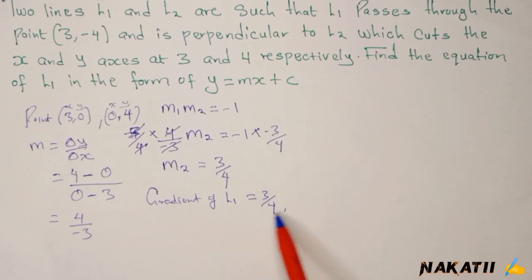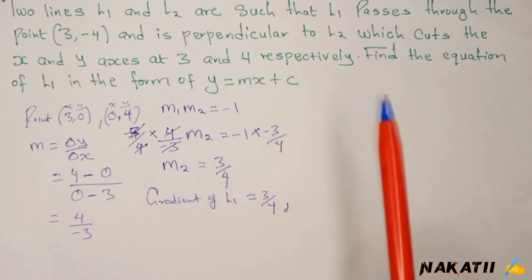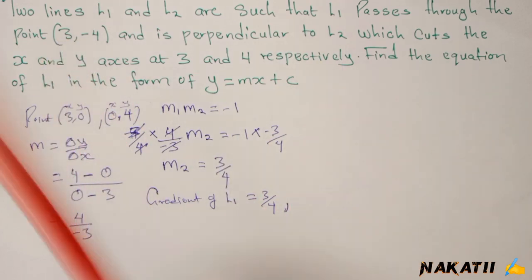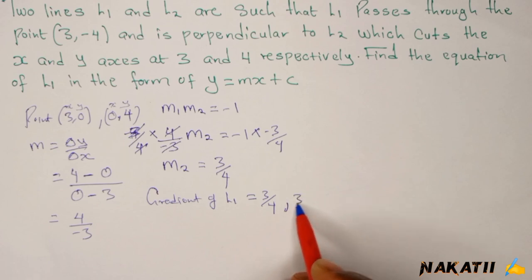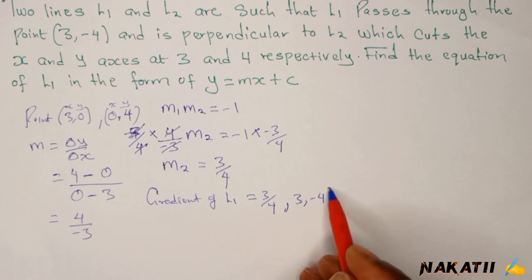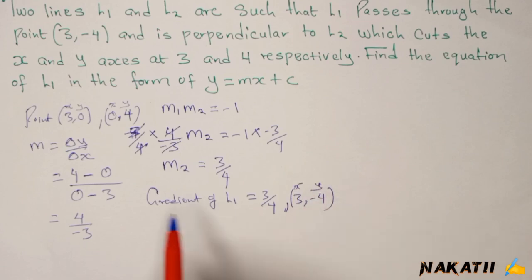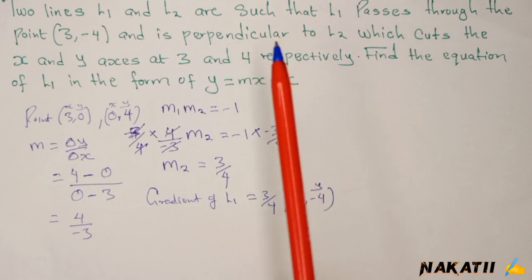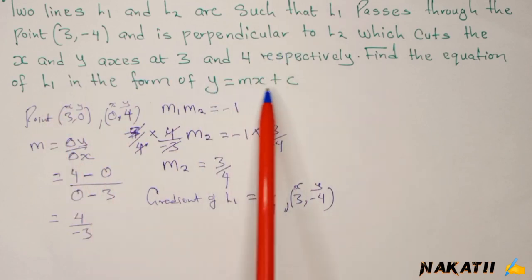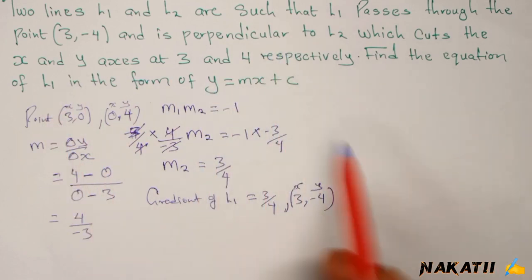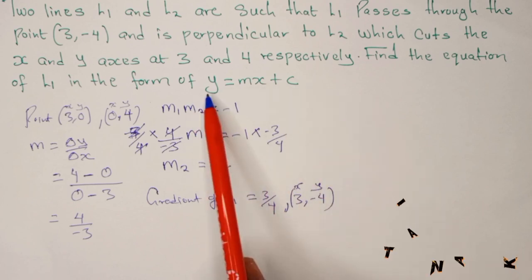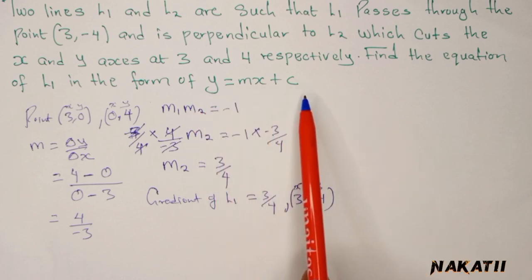So we have the gradient of L1, and we've been told that L1 is passing through a certain point (3, -4). So meaning this is the x coordinate and this is the y coordinate. So we have been told to write the equation of L1 in the form of y = mx + c. So we can just substitute these ones in this equation, so we get what is c.